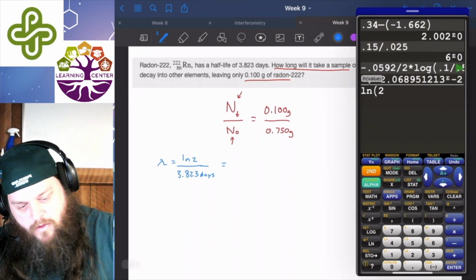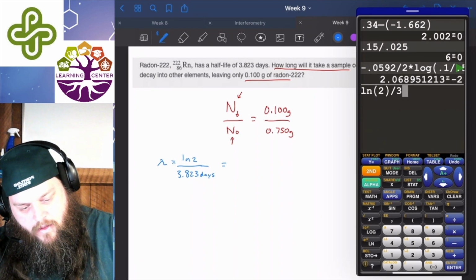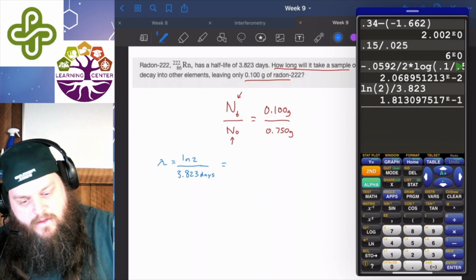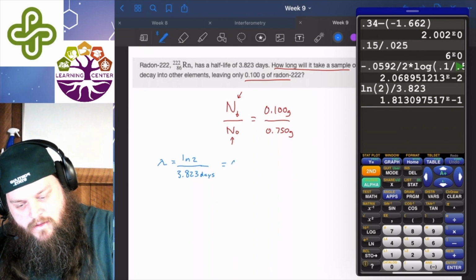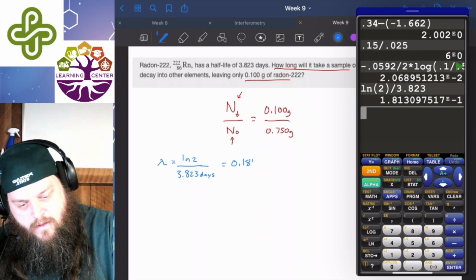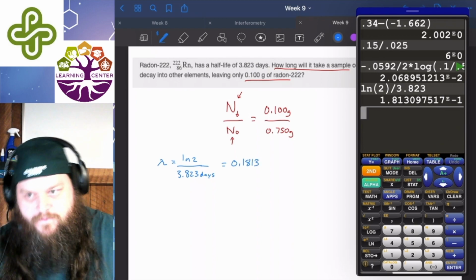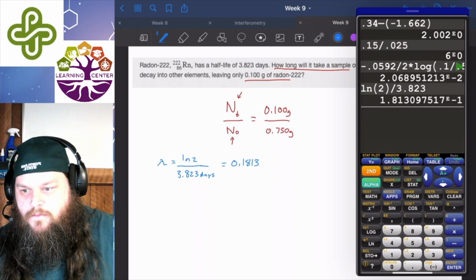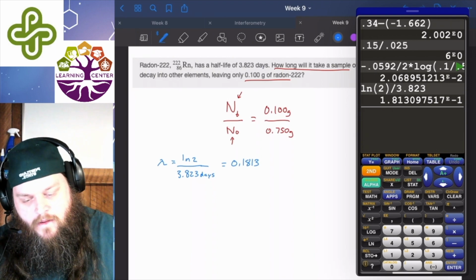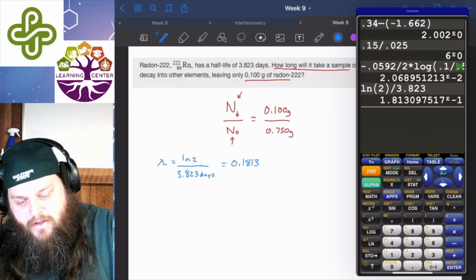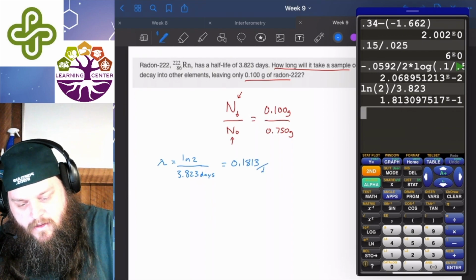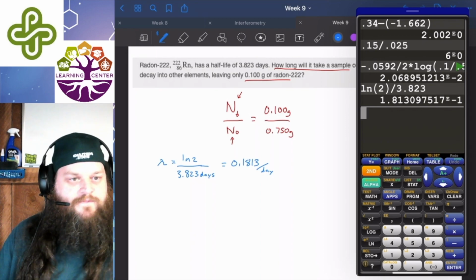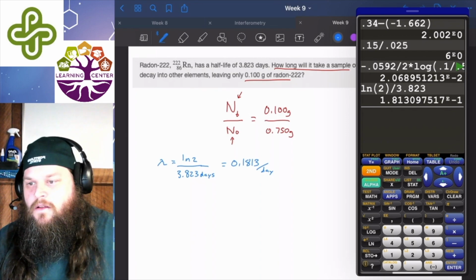Natural log of 2 divided by 3.823 days is equal to, say, 0.1813. So that's our decay constant, and I can say this is per day because my days was on the denominator. So that's how fast it decays.